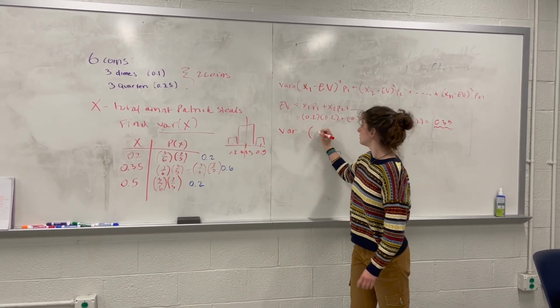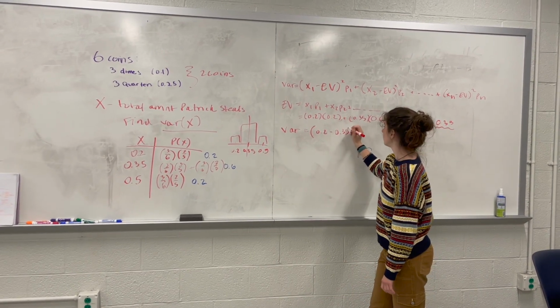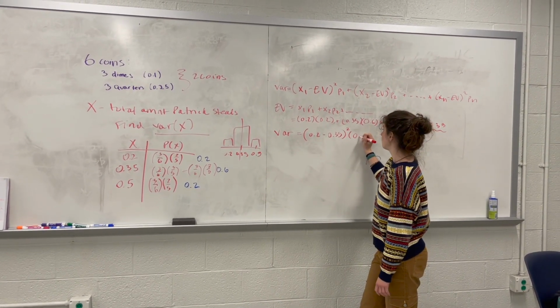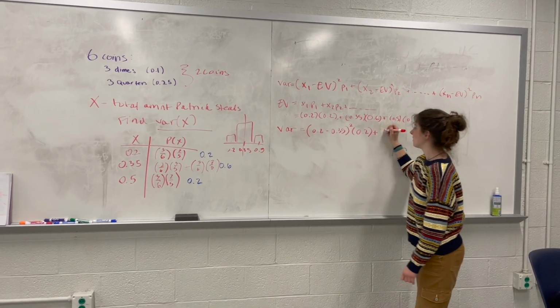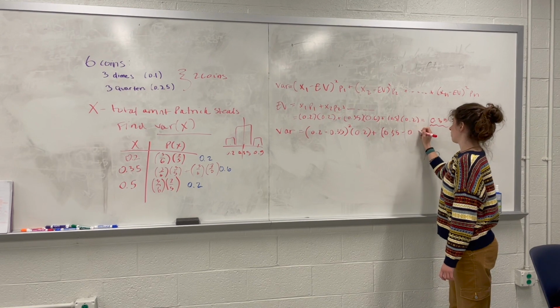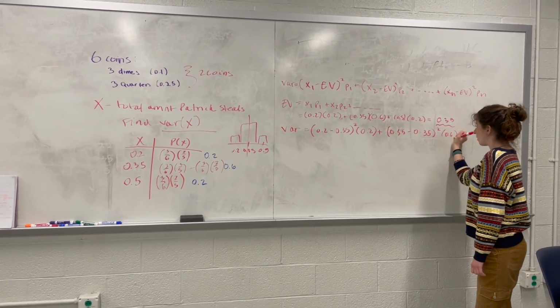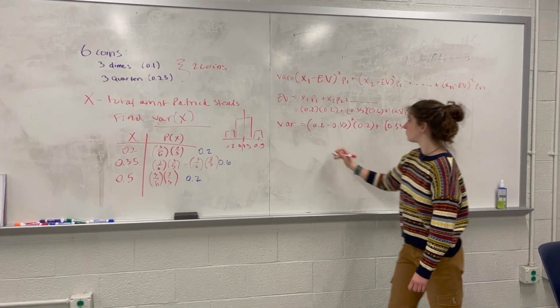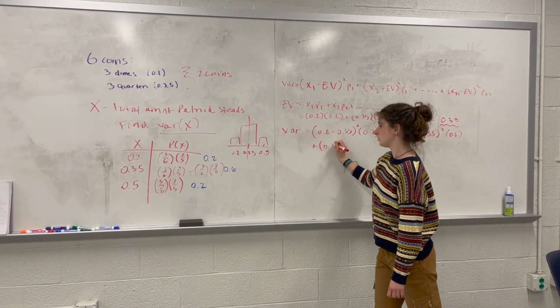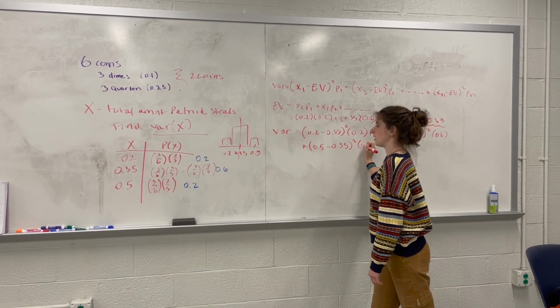So you have x1, 0.2 minus EV, which is 0.35, squared times P1, which is 0.2, plus 0.35 minus the expected value, squared times the probability that you get 0.35, plus 0.5 minus 0.35, squared times 0.2.